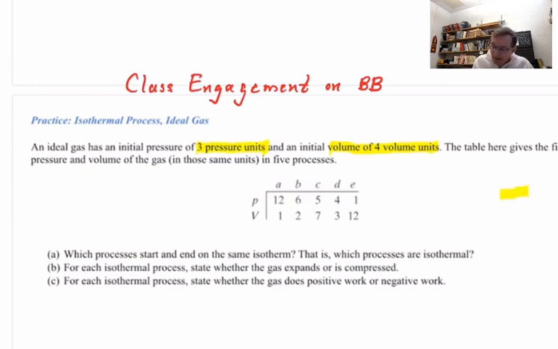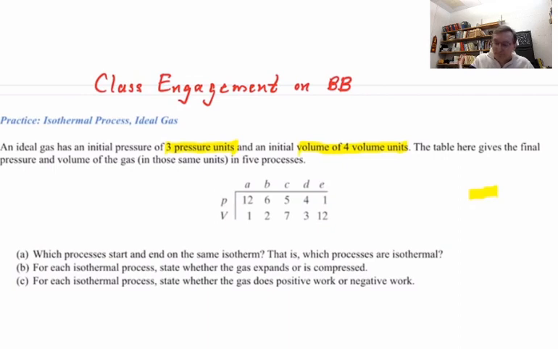All right. The table here gives the final pressure and the final volume of the gas in these same units in 5 different processes. They're labeled A, B, C, D, and E. And then you get the pressure value going across that way for each process, final pressure, and the final volume for each process.